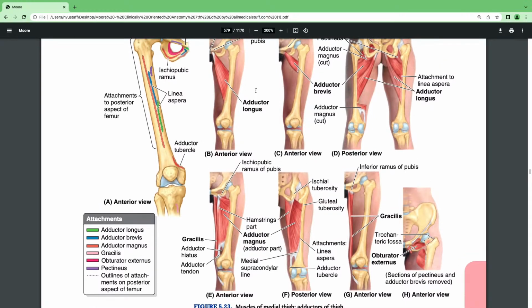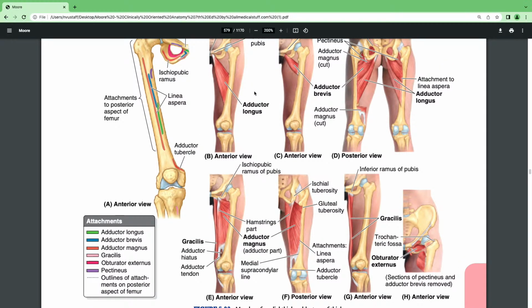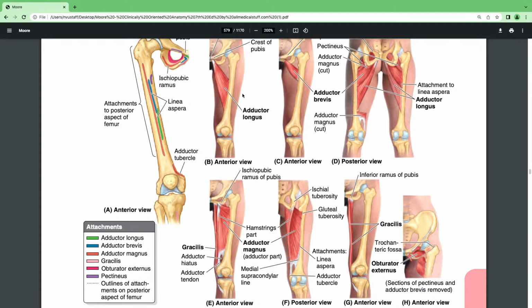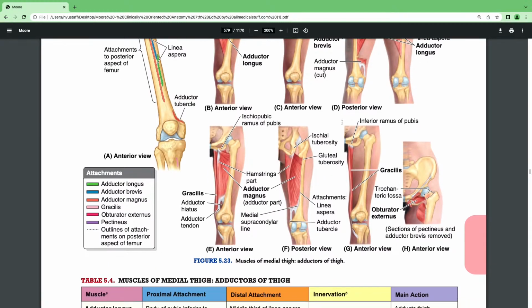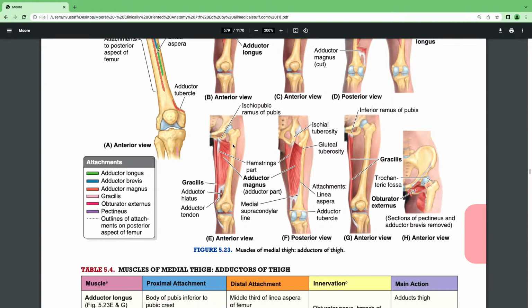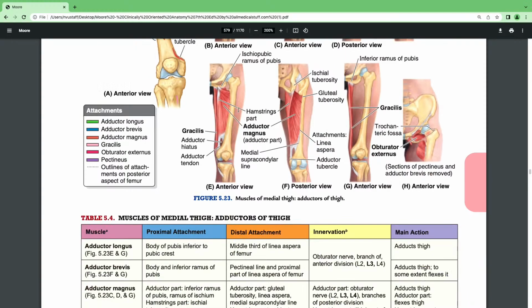That's what's very well seen here in the pictures, B, for example, for the adductor longus, C for the adductor brevis. You can find here picture E. Yes, on picture D it's not seen well, but picture E shows you the adductor magnus.